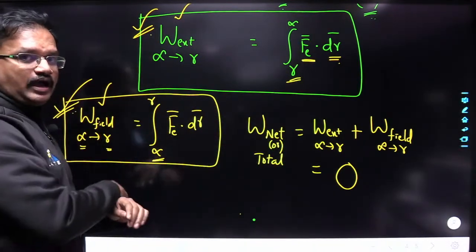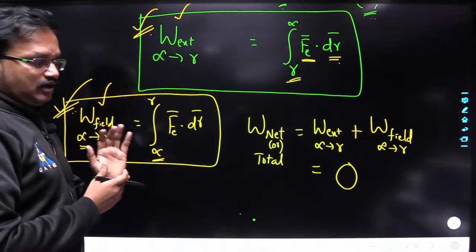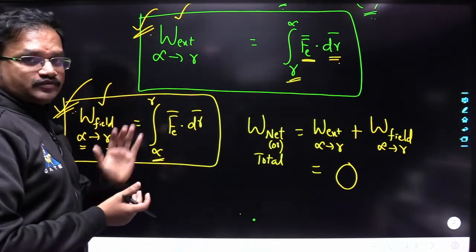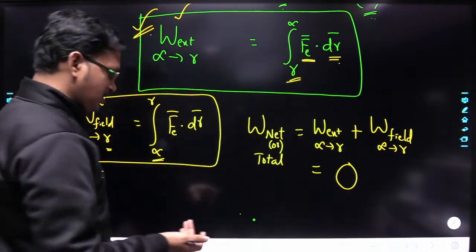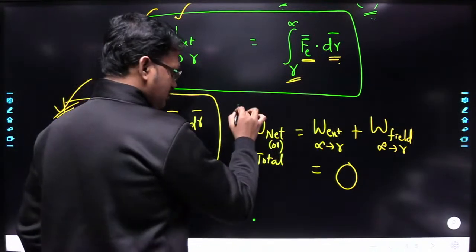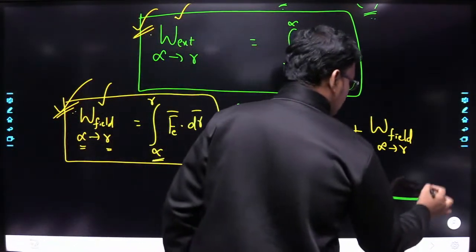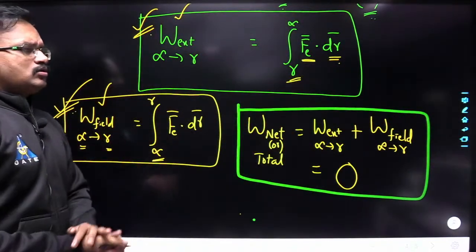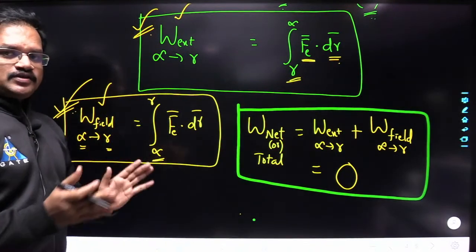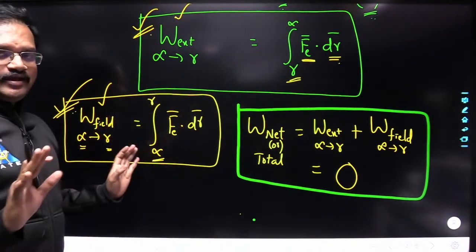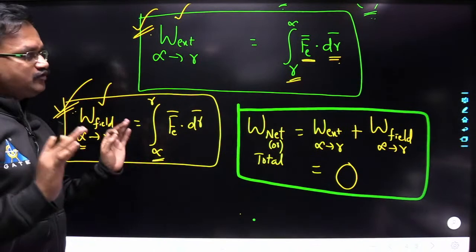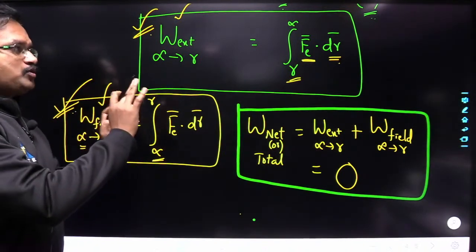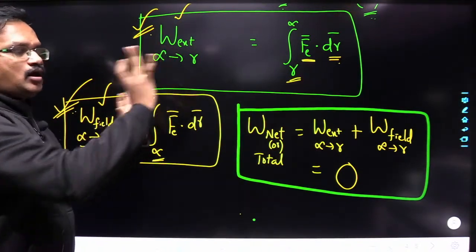That's why I have taken that analogy with respect to the gravitational field, because students can easily understand that. Don't worry about positive signs and negative signs; everything will be taken care of if you just follow the procedure or the concept.